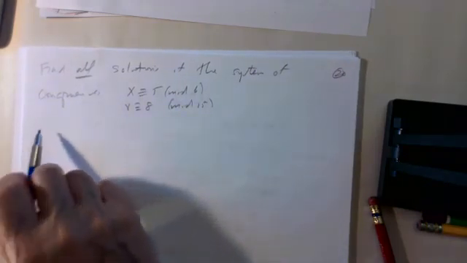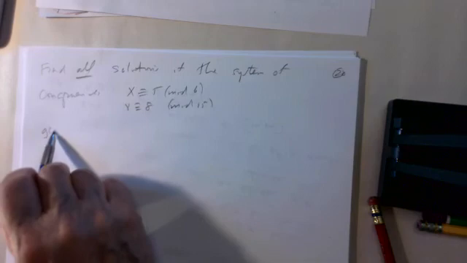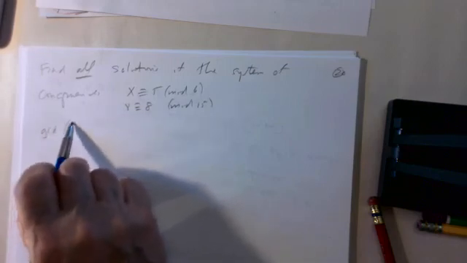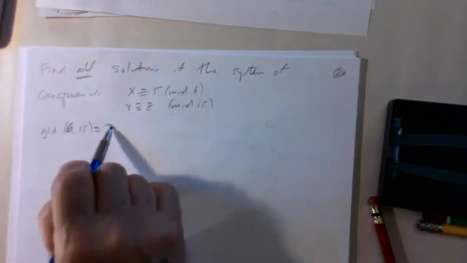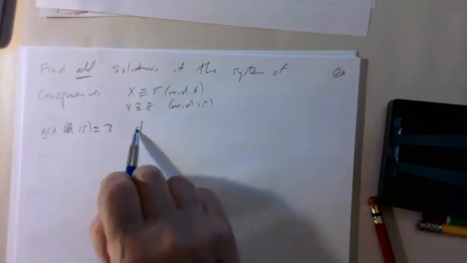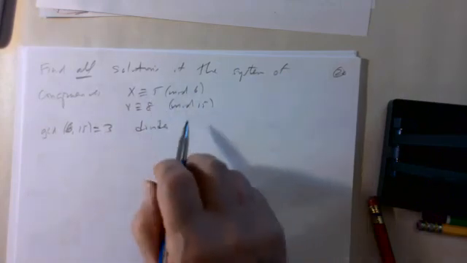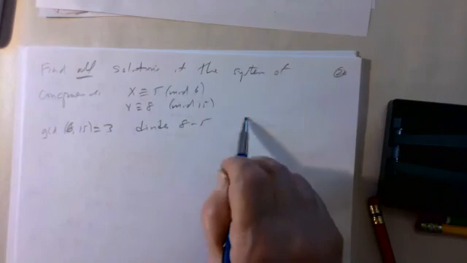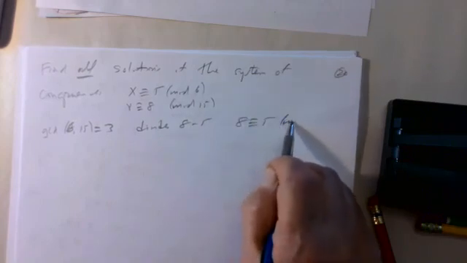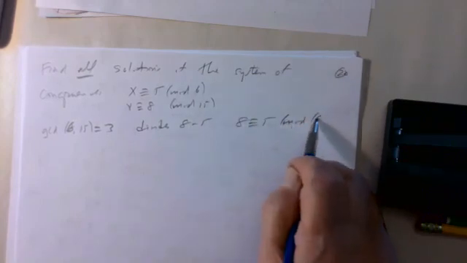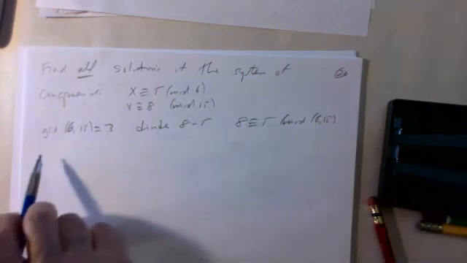So notice that the greatest common divisor of the moduli 6 and 15 is 3, and 3 divides 8 minus 5. That is, 8 is congruent to 5 mod the greatest common divisor of 6 and 15.